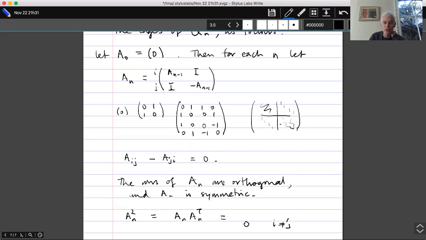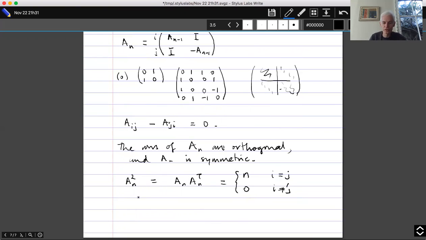And if i does equal j, we get the ith row of AN inner product with itself. Now, one other thing I didn't say is how many non-zero entries are there in AN? The answer is there are n. So there was 0 in A0, 1 in A1, and then each time, I've got n minus 1 non-zero entries here, and I've got an extra non-zero entry in each row from adding this I there. So we get n there if i does equal j.